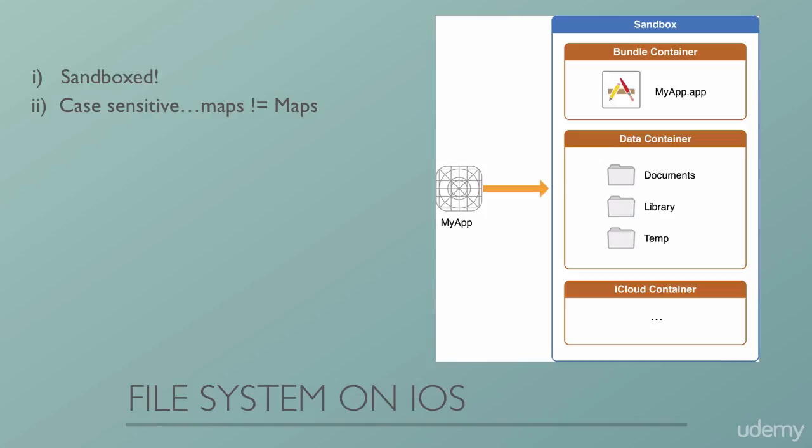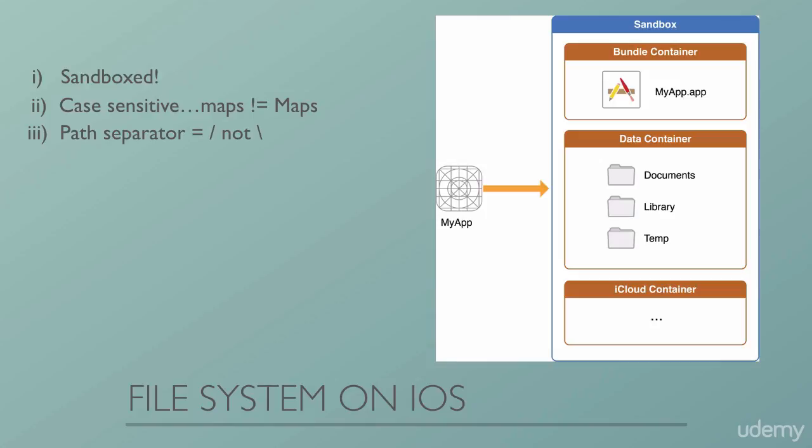You have to get the case right. Now there's another little gotcha here: if you get the case wrong on the simulator, there won't be a crash. But if you get it wrong on a device, there will be an exception thrown. So just be aware of that, and always, of course, test your app on a real device.